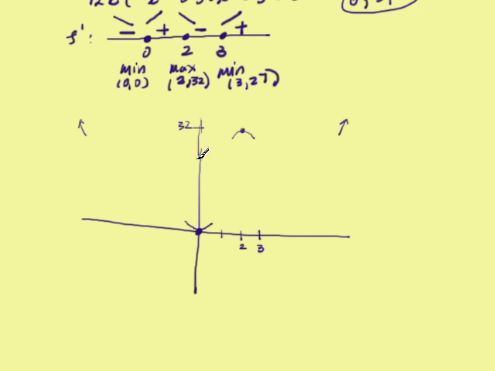Let's say 27 is over here. And that's a min. And I guess we're expecting an inflection point here. We have concave down, concave up, so we're expecting an inflection point right over here. And maybe right here as well. It's going to go down and up again.